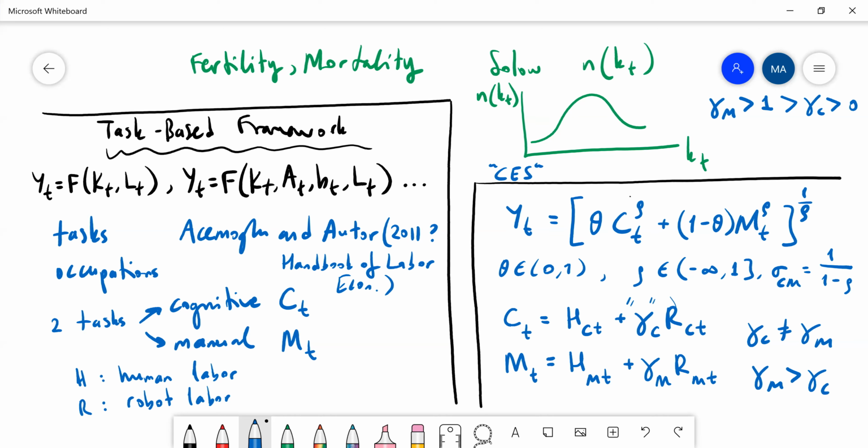But in terms of the manual tasks, here you have 1 times human labor, 1 times manual labor. So as you see, it is much more realistic than this one, or actually this one.